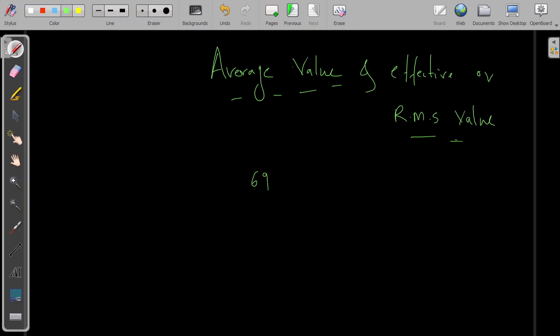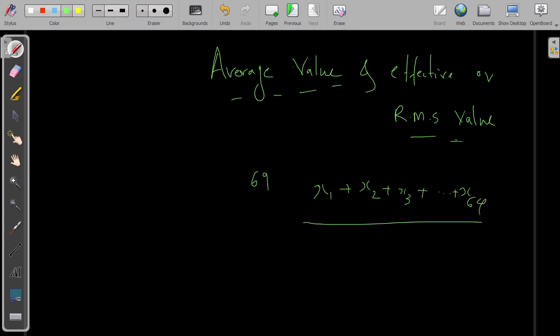And 69 students, we have got 69 marks. So the average of the marks of students in your class will be the first person's mark, that is x1, x2, x3 and so on, up to x69.